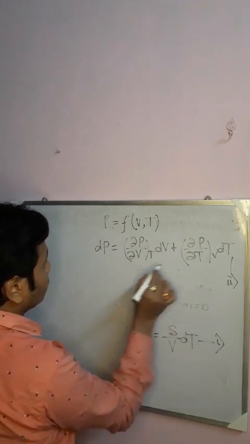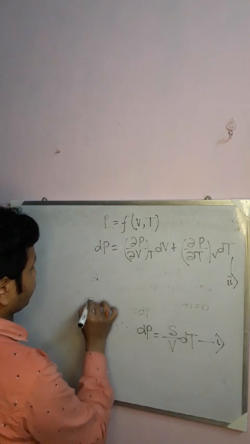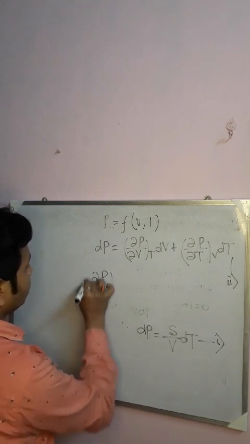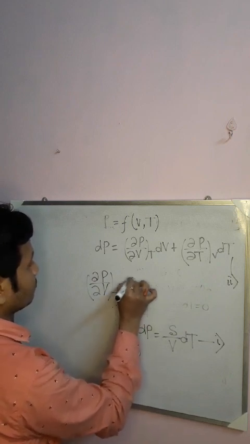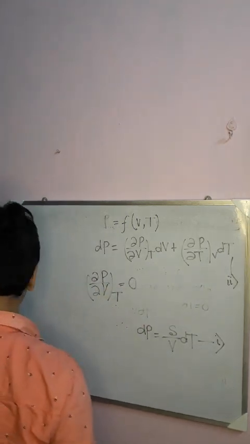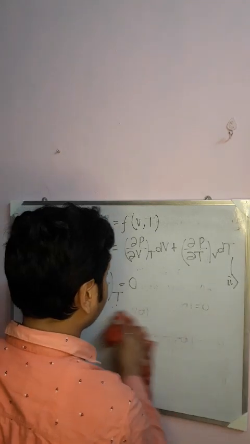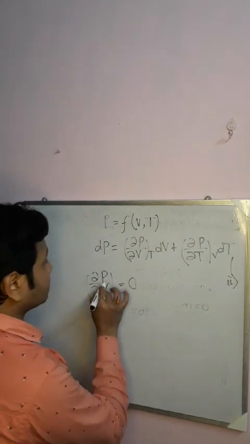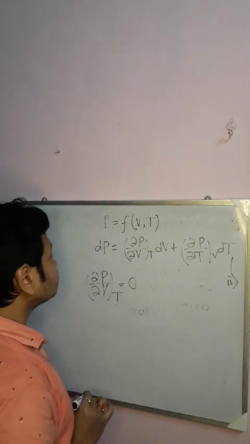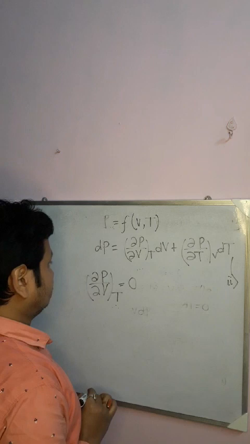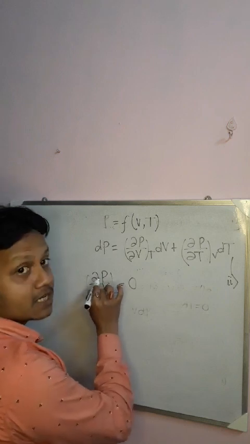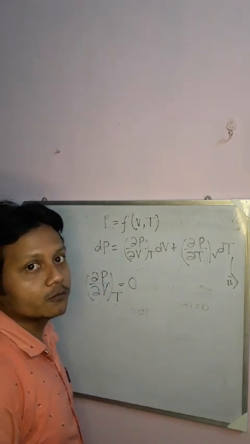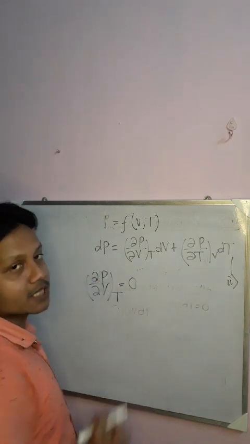So comparing, you can easily say del P del V at constant temperature is 0. So from this equation you can easily conclude that for black body radiation pressure only depends on temperature. So this term is 0. That means if pressure is only a function of temperature, then its derivative with respect to volume will be 0.